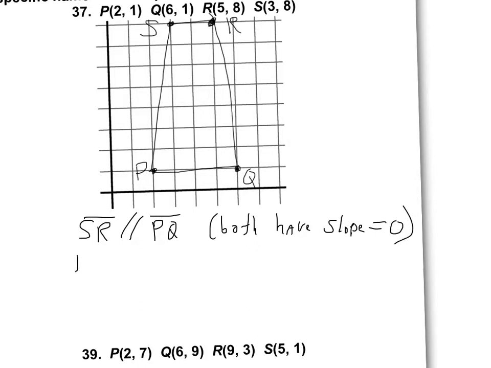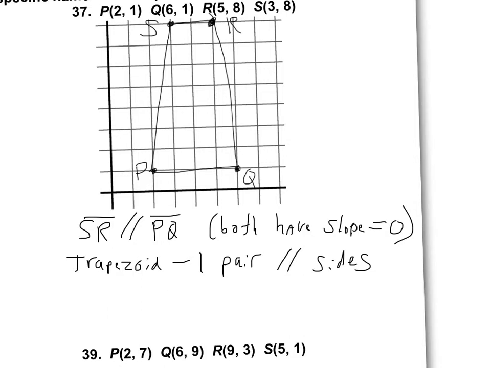So this is a trapezoid. Maybe it's an isosceles trapezoid, we'll see, but I'm going to start off by saying it's a trapezoid because it has one pair of parallel sides. So again, you kind of got to restate the definition of the shape you're saying. Alright, so it's either a trapezoid, or we could go further and say it's an isosceles trapezoid.